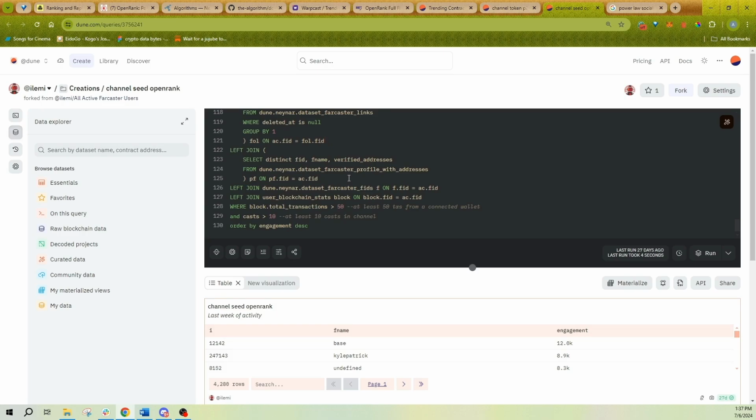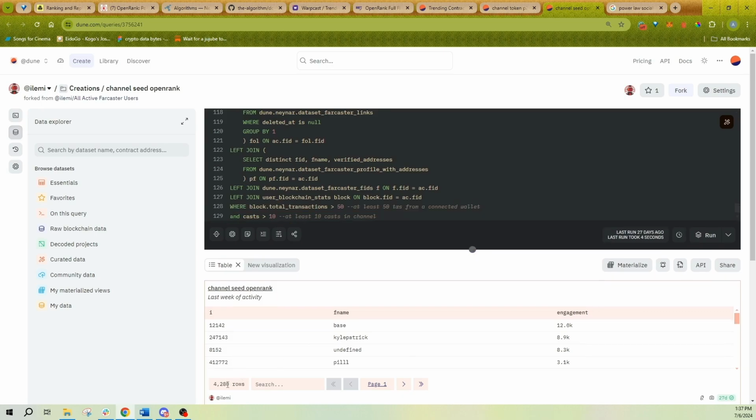So even if you're getting a lot of engagement, I don't want to include you in this pre-trust, because you're just going to throw things off. So I ranked by engagement, required them to have at least 10 casts, and required that they're verified wallets, so the wallets connected to those Farcaster user IDs, I require them to have at least 50 transactions for them to qualify for the pre-trust. Ultimately, I end up with 4,280 users.